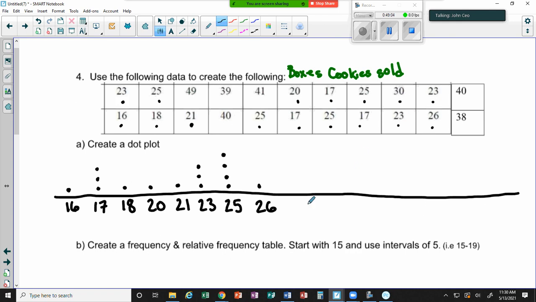So the next one's at 30, right? 30. 31, no. 32, no. All the way up to what? 38's the next one. And I have a 39. 2 40s.